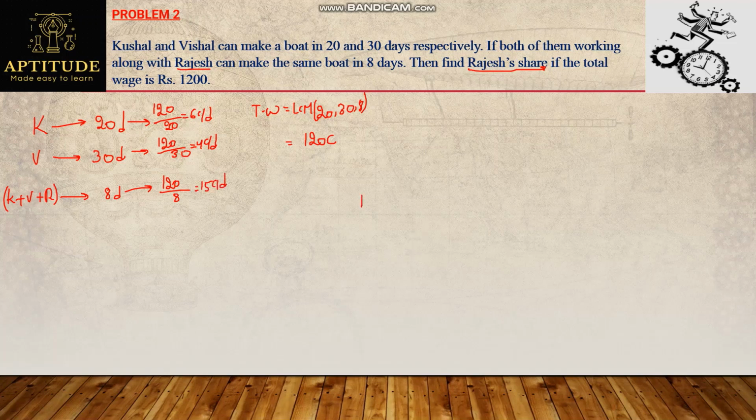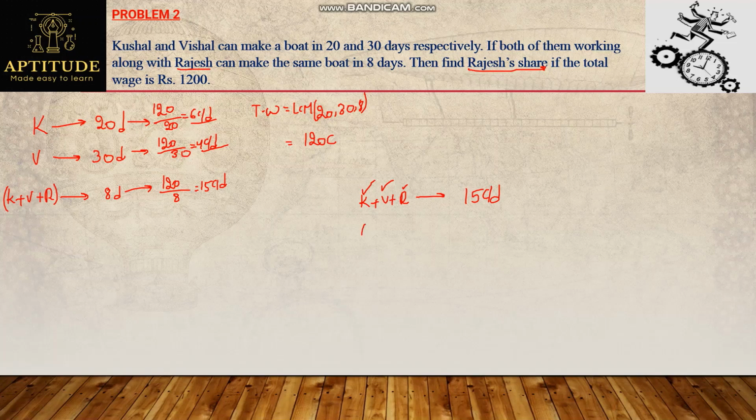Which means Kushal, Vishal and Rajesh together can eat how many chocolates per day? 15 chocolates per day. And already we know Kushal's and Vishal's efficiencies.